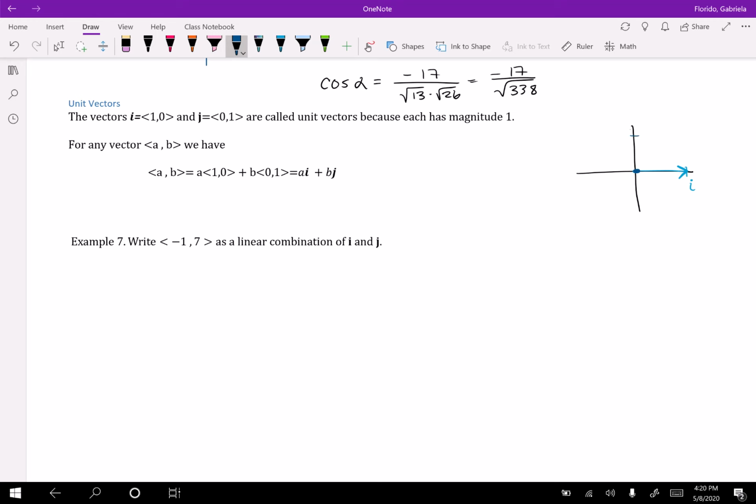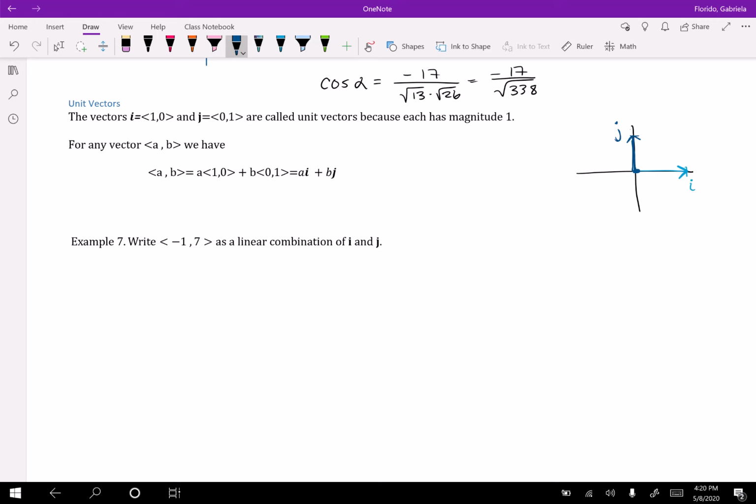So there's 0, 1, and here is j. Any vector a comma b can be written as a linear combination of these two vectors.